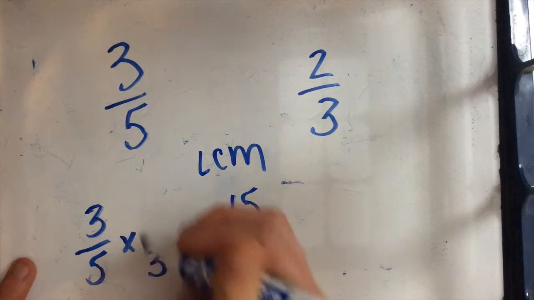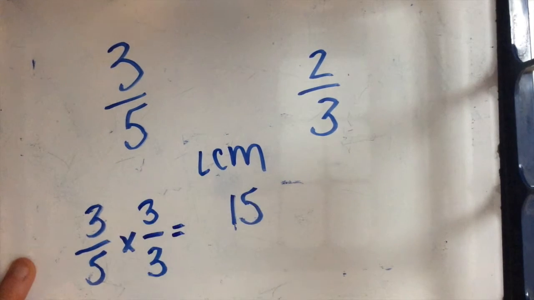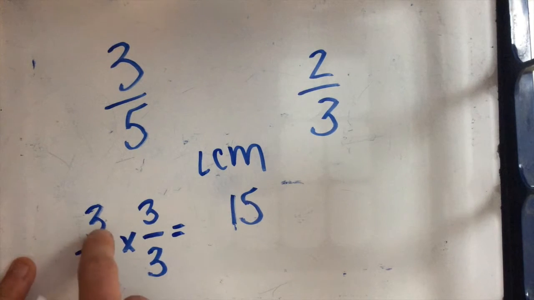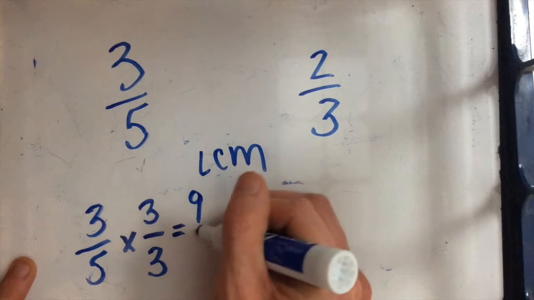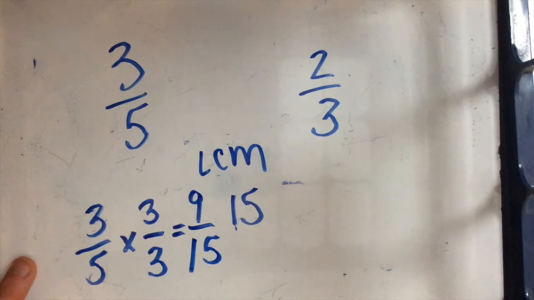And whatever I do to the bottom, I have to do to the top, or the other way around. So when I multiply 3/5 by 3 over 3, I can see that 3 times 3 is 9, and 5 times 3, of course, is 15.